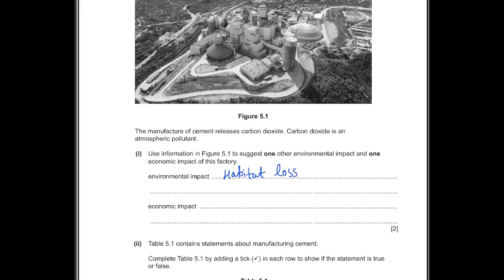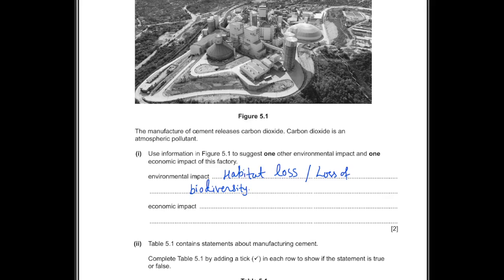EVM is very easy. You just need to read the question carefully and you will get the answer as it is. So habitat loss, or you can write it as loss of biodiversity. Nowadays this is a huge problem, whether it is in Delhi, UP, in India I'm talking about, or in Hyderabad. Biodiversity loss is a major problem.